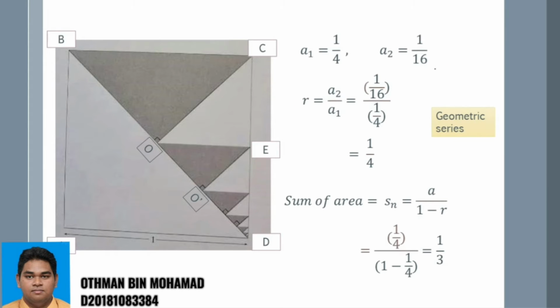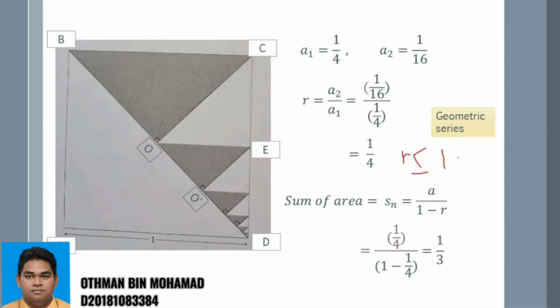Now we must find the common ratio, which is A2 divided by A1, which is 1/16 divided by 1/4, and we get 1/4. The common ratio is 1/4, which is less than 1, which means it is convergent.